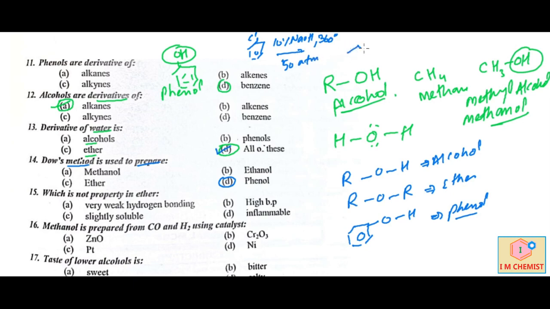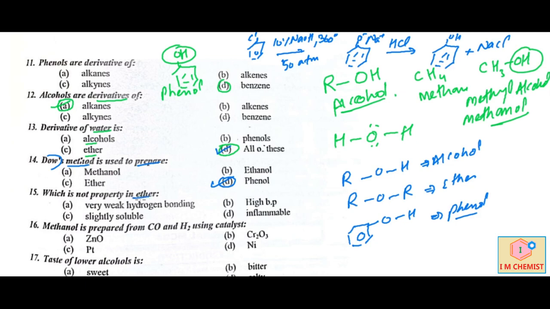This chlorobenzene is converted into sodium phenoxide, and if you treat this sodium phenoxide with hydrochloric acid, it would be converted into phenol along with sodium chloride. And this method of converting chlorobenzene into phenol is known as Dow's method. So option number D is correct.